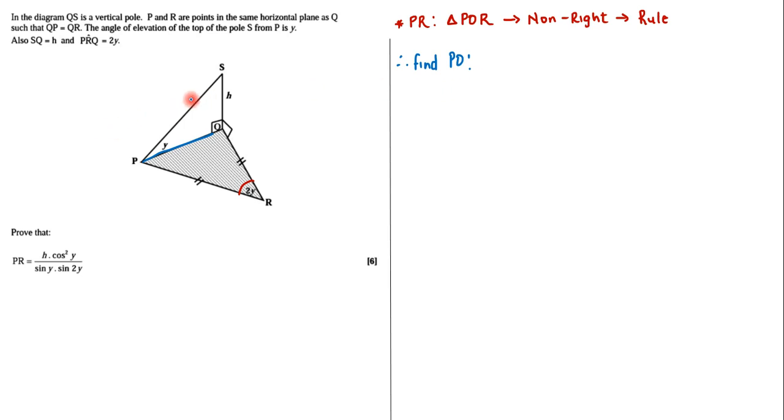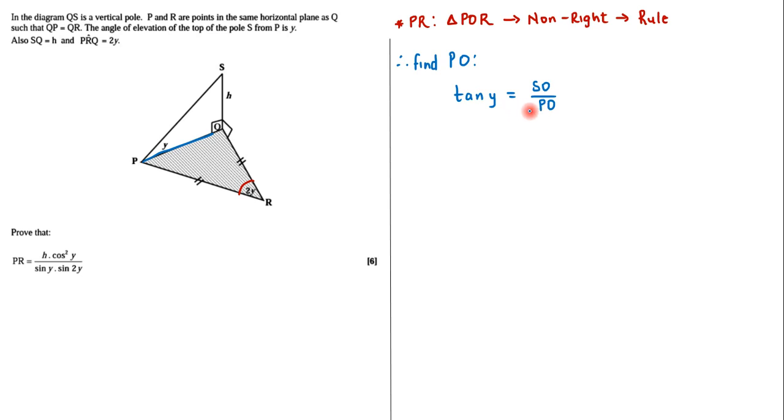In order for me to find PQ, I can see that PQ is also part of triangle SPQ. Looking at SPQ, it's a right angle triangle. So if I say tan Y, then SQ becomes my opposite and PQ becomes my adjacent, right?